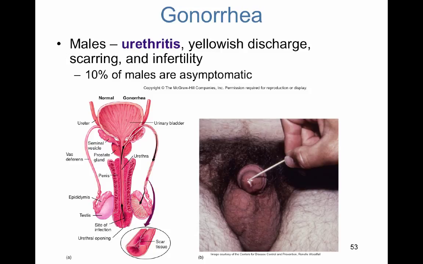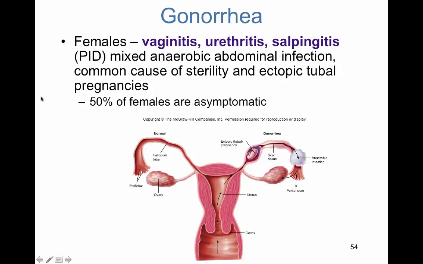Now, as far as symptoms in males, urethritis, yellowish discharge, scarring, and infertility. 10% of men do not show symptoms. For women, vaginitis, urethritis, and a more serious case is an infection when it affects the fallopian tube, which is known as salpingitis.